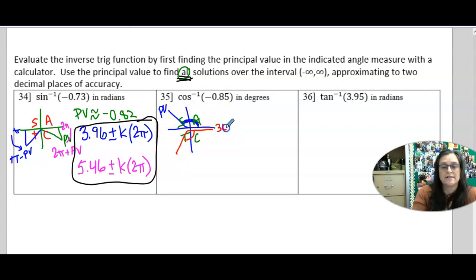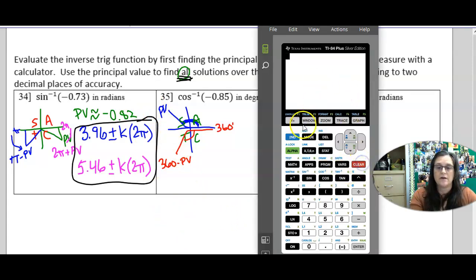So 360 for the whole circle. We're coming clockwise, so we're going to subtract to get into quadrant 3. So this solution will be 360 minus our principal value from quadrant 2. So in the calculator, we're going to go to the mode and make sure we're in degrees. And then we're going to evaluate the arc cosine of negative 0.85.